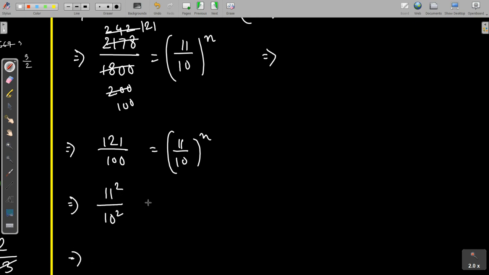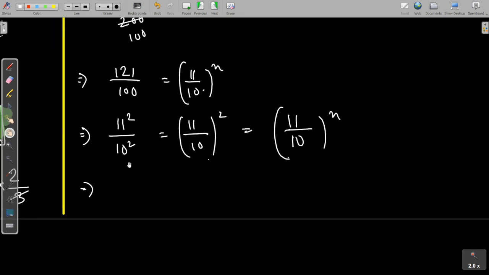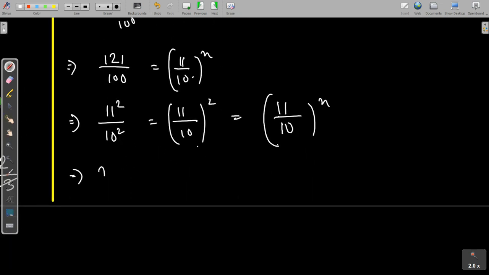So this can be simply written as (11 by 10) square, and this thing comes here, (11 by 10) to the power n. So the bases are same, hence we can deduce that n is 2. Therefore, time would be 2 years because it's compounded annually, right?